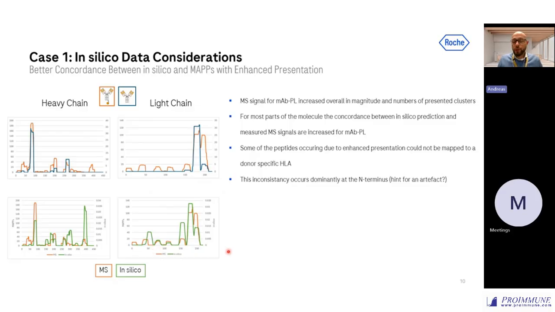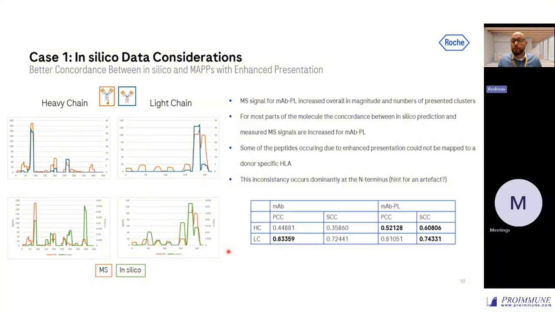And more a visual type, but we also made the numbers, the correlations. So what we can see here is that basically the concordance or the correlations for the antibody with the payload in general increase compared to what we see for the monoclonal antibody.